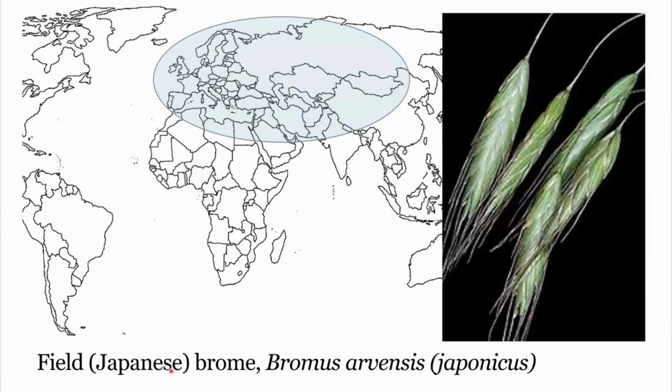Field brome or Japanese brome, there's some question about whether or not Bromus arvensis and Bromus japonicus are the same species or not. They have different breeding responses, but we'll let that get sorted out by somebody else. But it has a very broad home range. It includes North Africa and spans quite a ways across Europe and Asia.